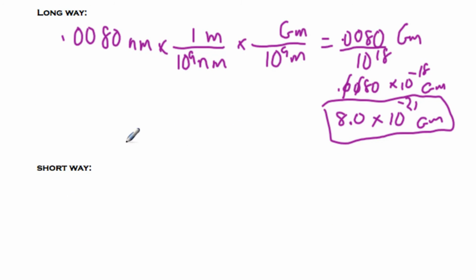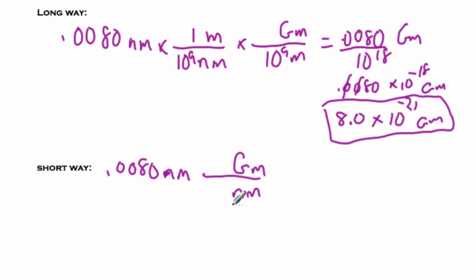Okay, now let's try this the short way. We have 0.0080 nanometers. And let's go directly from nanometer to gigameter.